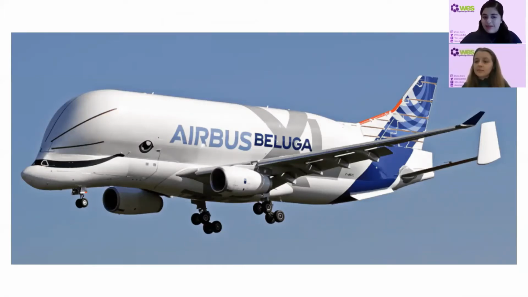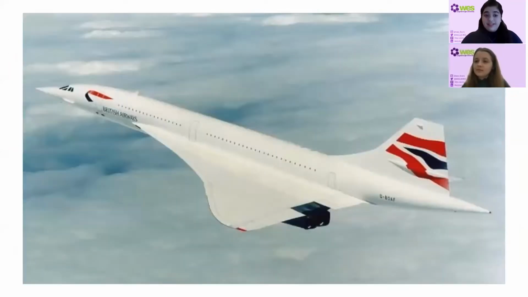As you can see, it's not the most streamlined aircraft, so it will have a very high coefficient of drag, meaning that it needs a lot of thrust to keep it in the air. It can't fly as fast as other aircraft, and it's certainly heavier than a lot of other commercial aircraft in the skies, but it still manages to fly because all these forces are balanced out.